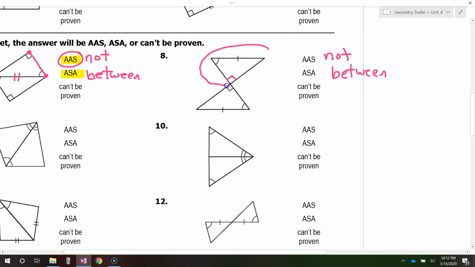So let's look at this triangle, for example. Here's an angle right here. Here's the other angle that is marked. If I connect those two dots, that reveals the side that is between the two angles. But the side that is marked is different. It is not between. So that will be angle, angle, side.